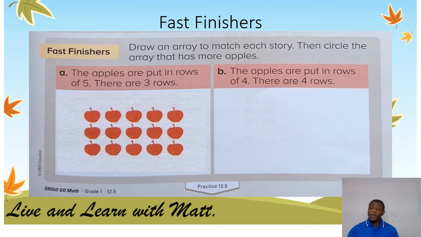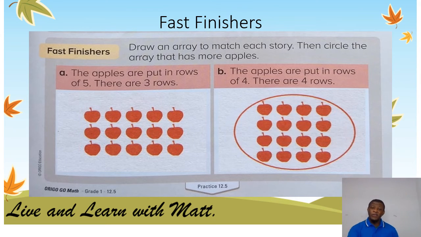3 rows of 5. And part B, the apples are put in rows of 4. And there are 4 rows. So that will be 4 rows of 4. And we will have something like this.